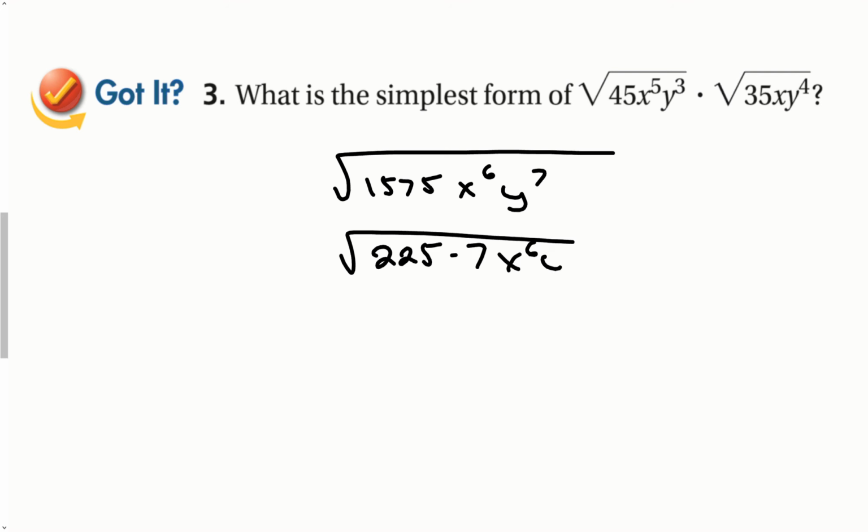X to the sixth, y, and let's split that up. 225 would be 15. X to the third, y to the third, square root of 7 left over, and a y.